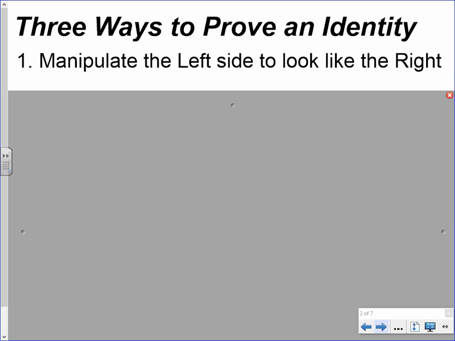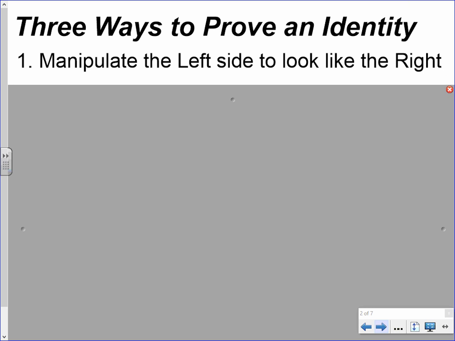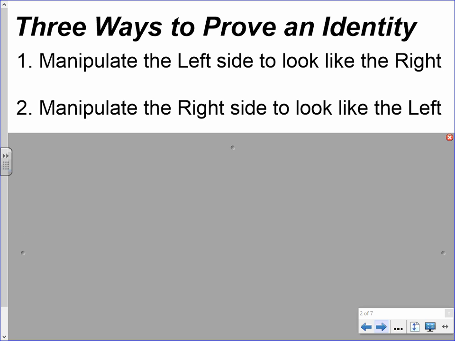So one way is to just work with the left side and use our identities in algebra until it looks like the right side. Or we can take just the right side and use our identities and algebra until it looks like the left side.